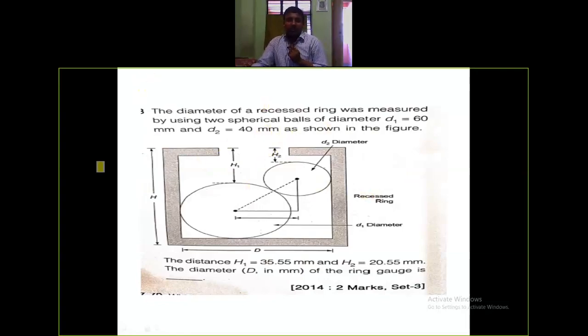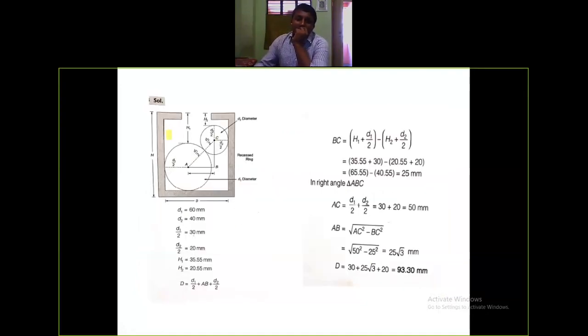In this question, you have to find out the value of the ring gauge diameter D. How will you find it? Just look at this figure.